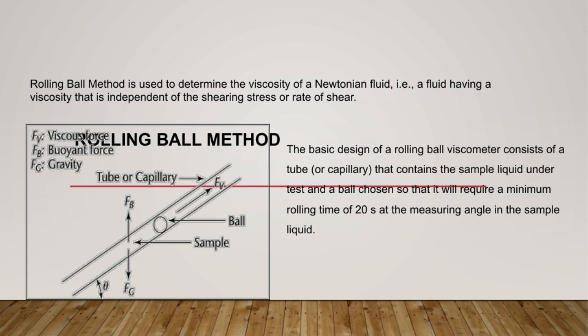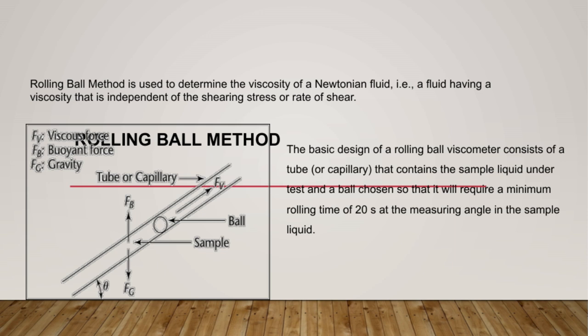Now, the rolling ball method is primarily used for Newtonian fluids. These are fluids whose viscosity remains constant regardless of how fast or how much you shear them. So whether you're applying a gentle or vigorous force, their viscosity doesn't change. This method is quite straightforward and reliable for such fluids because it relies on measuring the time it takes for the ball to roll through the liquid.